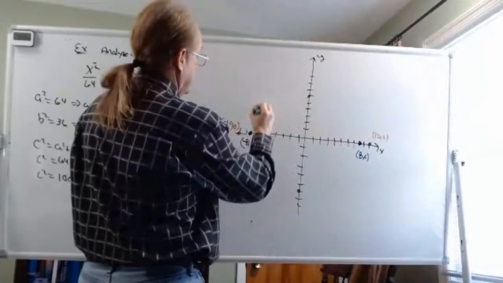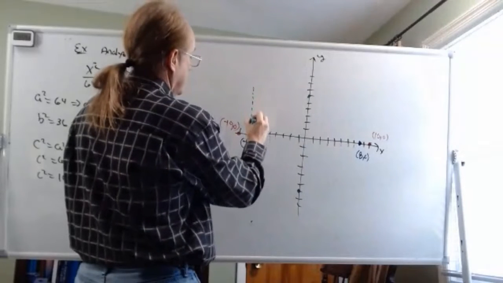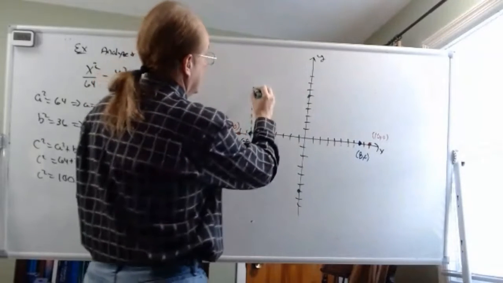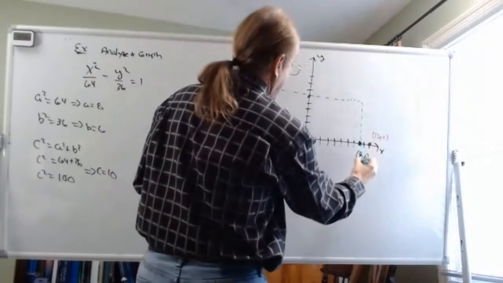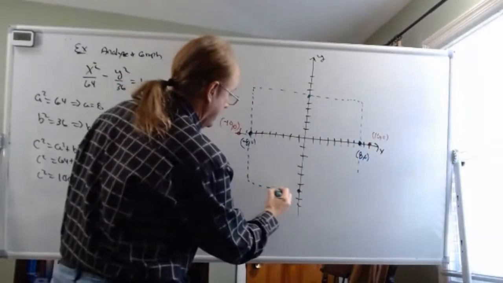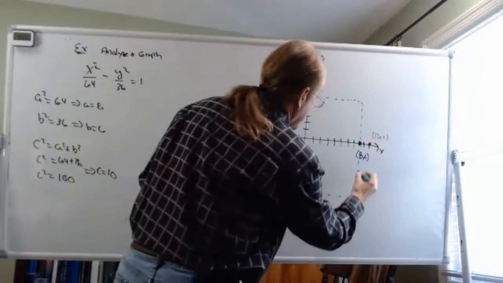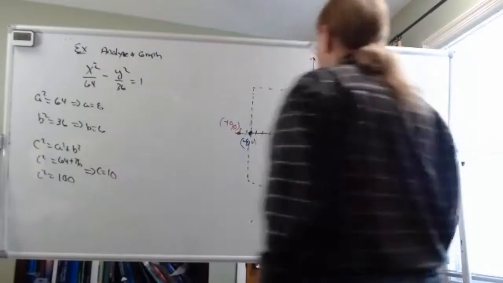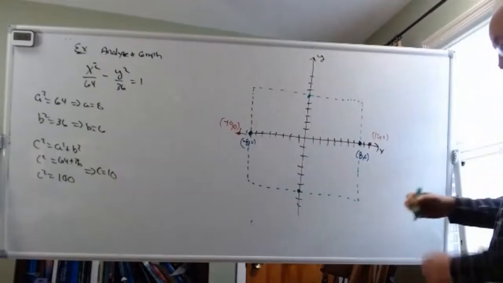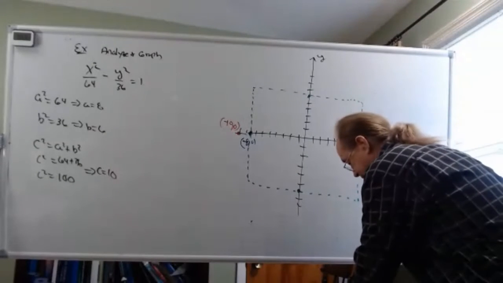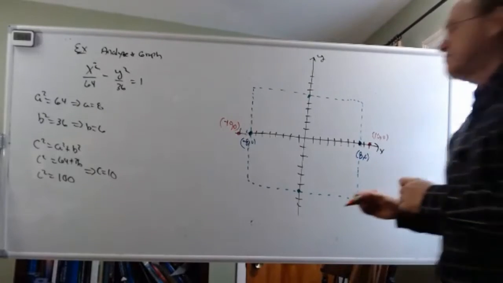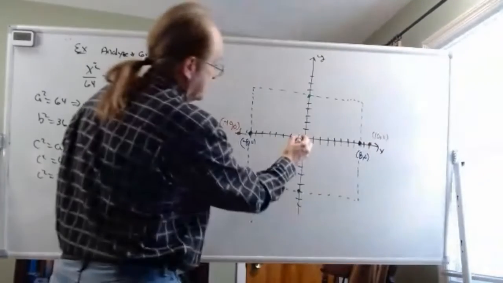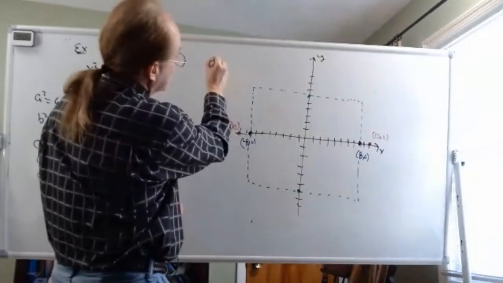It's not going to be perfect, but I'll try and draw it as best we can. Now, once I have this box, I can then draw my 2 diagonal lines. It's not perfect by any stretch, but if you have some graph paper, it'll look a lot nicer. I'm going to try and get it to pass through the origin as best as I can.